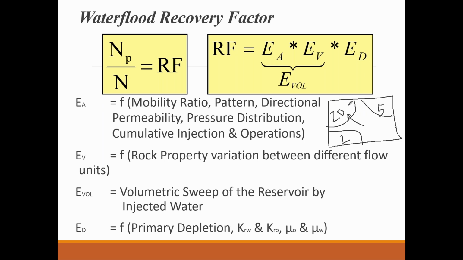If you compare data of this area to this area, there is a pressure distribution. So this particular pressure will be low and this will be high. So you need to concentrate on this particular part. Your water injection is required firstly in this, then in this, and then in this.